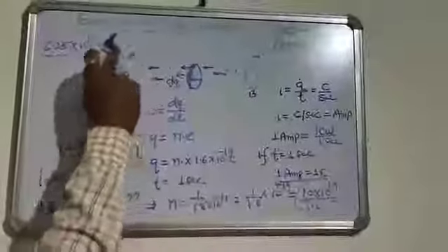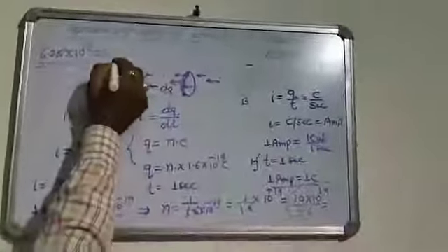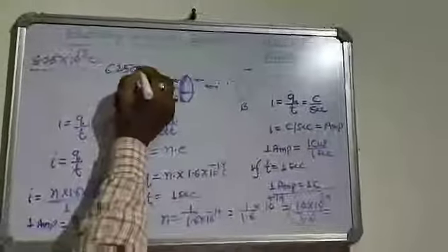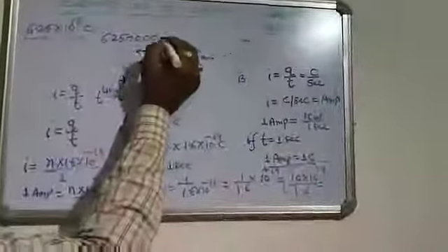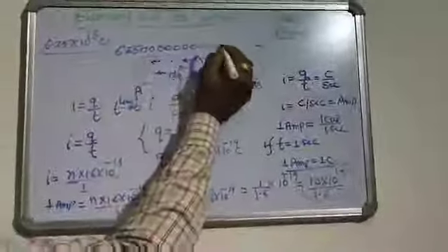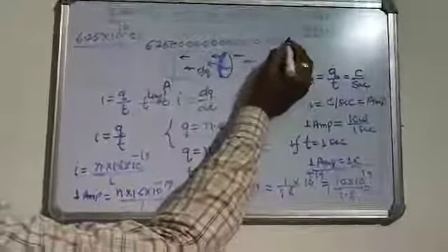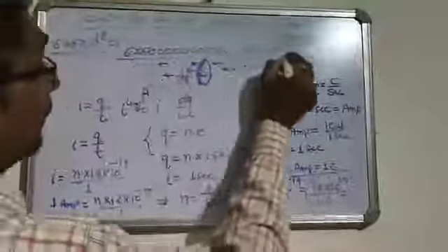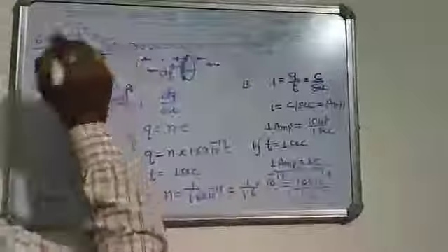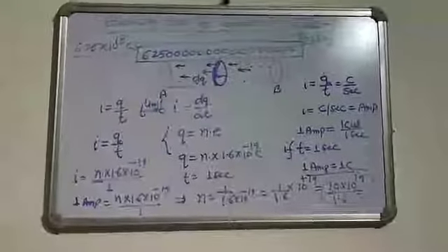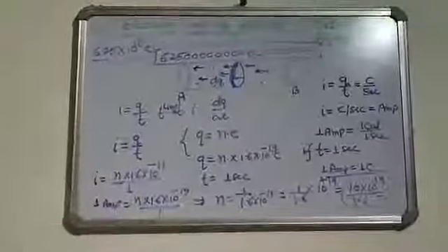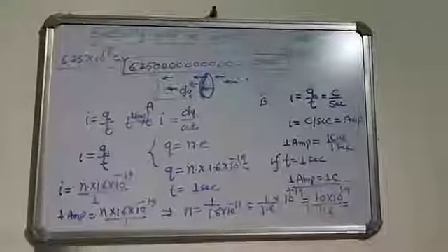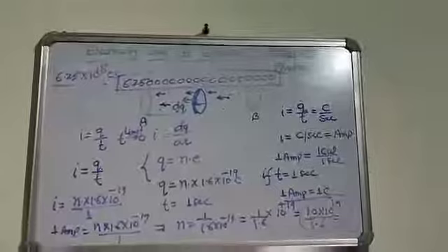That means a huge number of electrons pass through a conductor for 1 ampere current. Okay, so this is the definition of electric current.